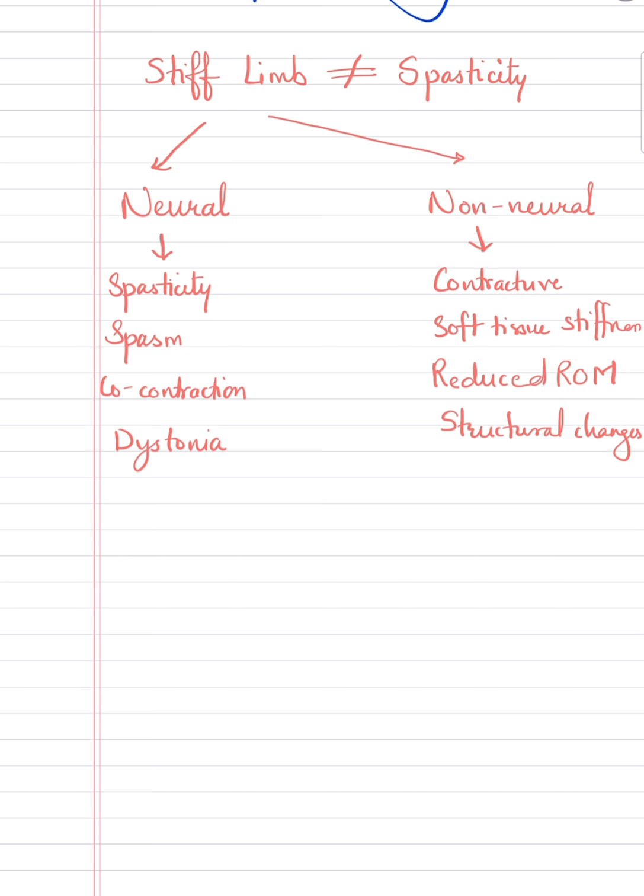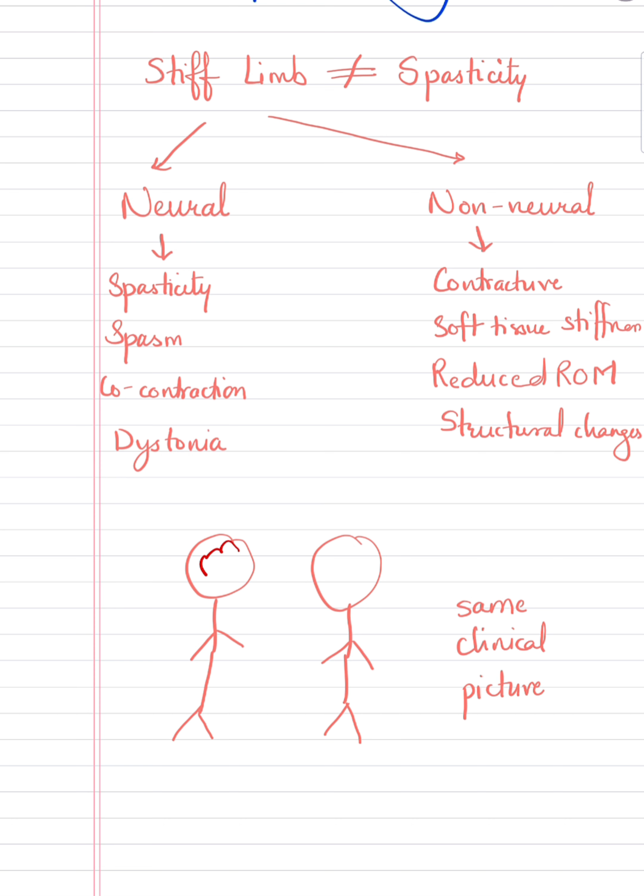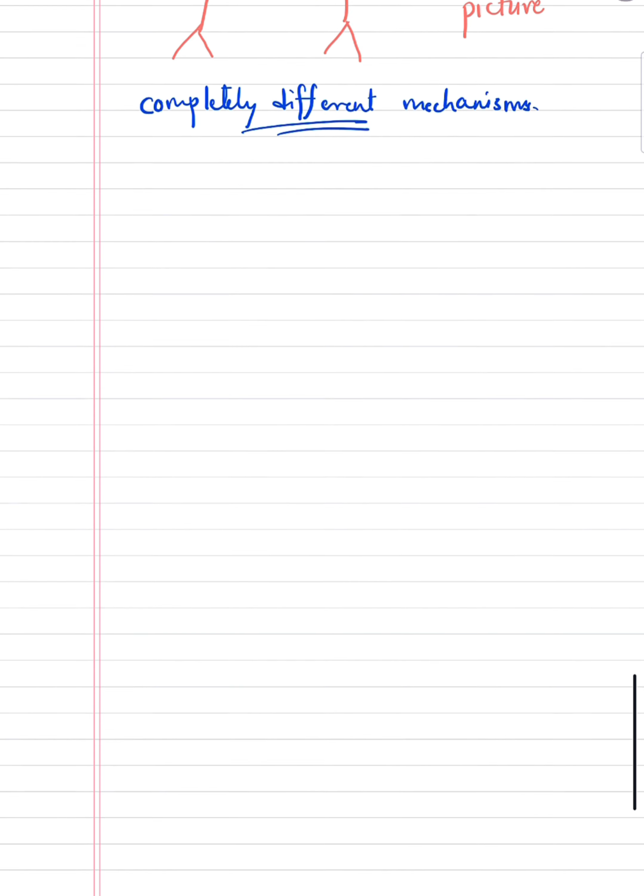There could be a single or both at play. Now, imagine two different patients having the same exact clinical features. But still, both those patients can have completely different mechanisms producing it. And this is where the story becomes more interesting.